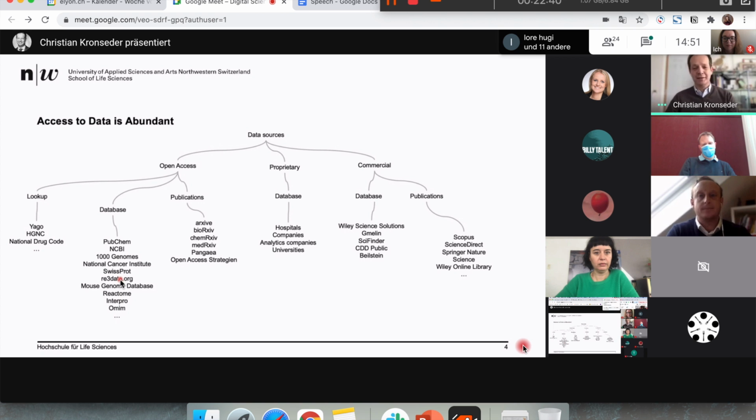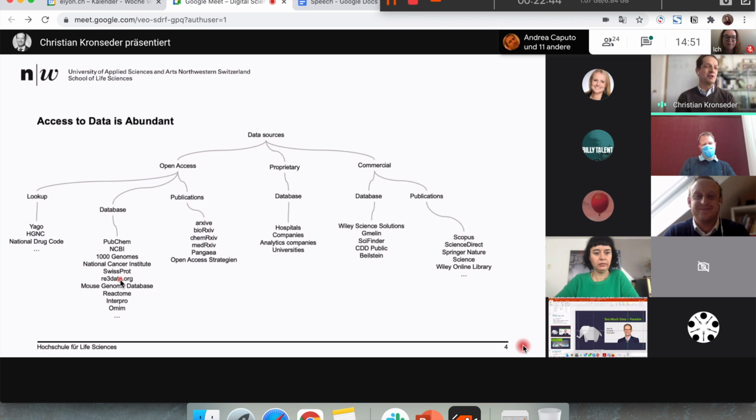You can find the genome of the Neanderthal and compare it against the genome of modern human beings on top. So if you can't find it, it doesn't exist. I think this is what it comes down to. So everything is there, and it's actually not difficult to find it, but to access it and use it is a different story. So I guess there are probably about 1,000 different databases available.